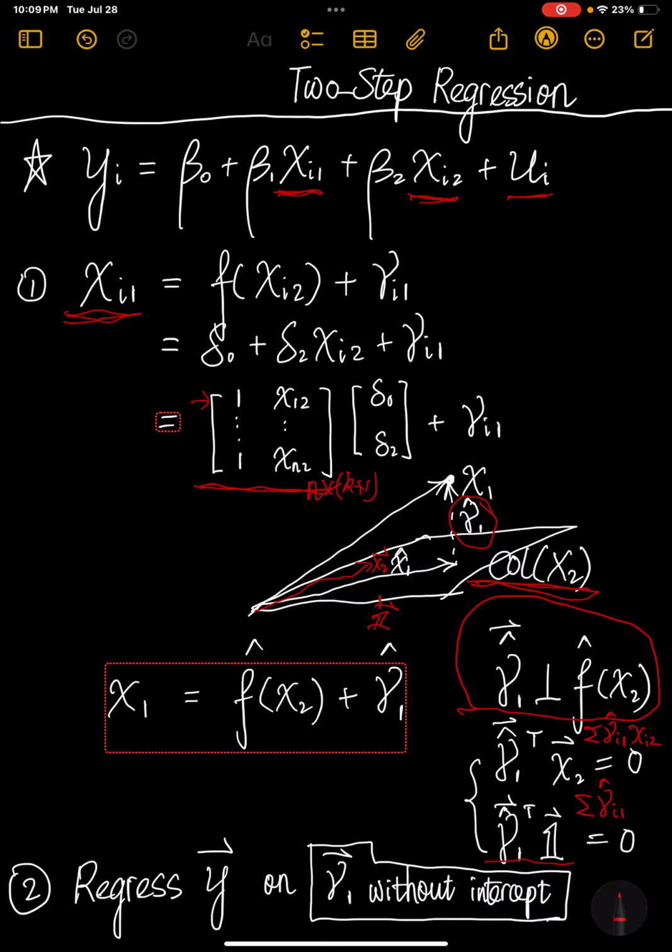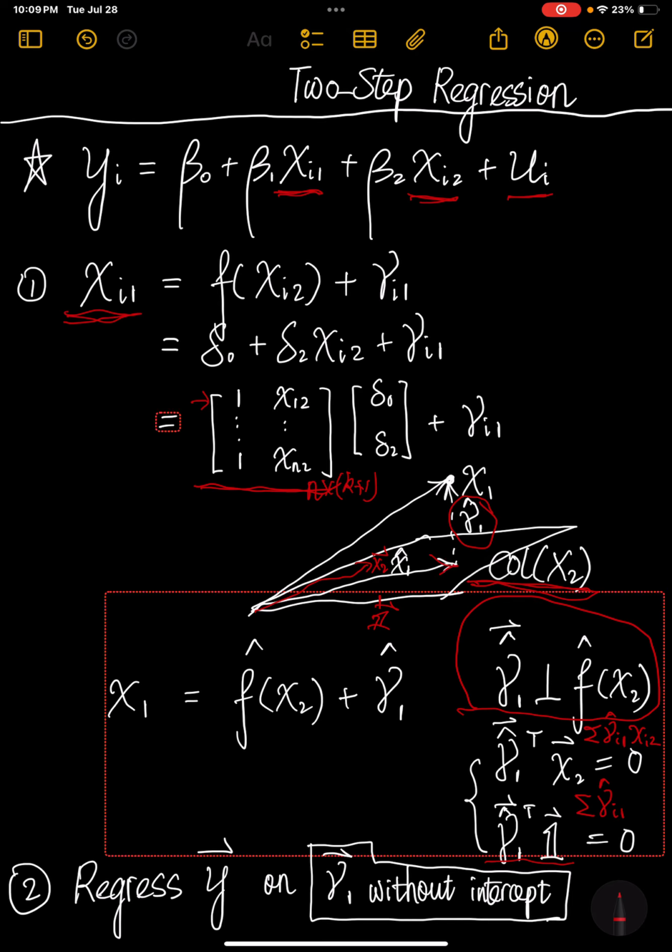So basically you are decomposing your x1 into two parts. One part is this projection vector that you can use x2 to explain.